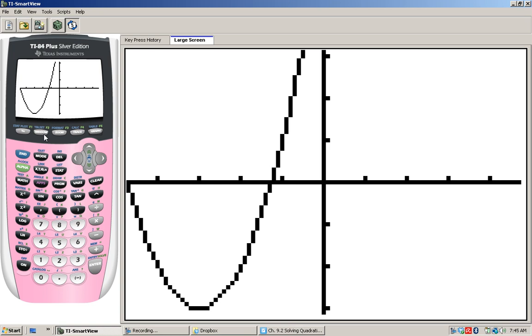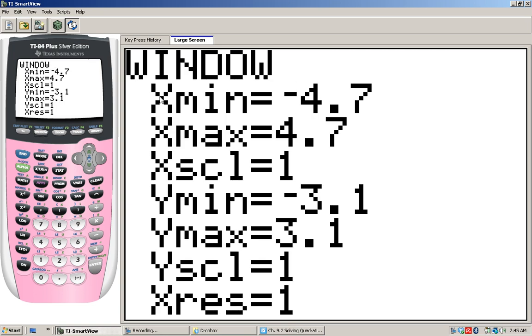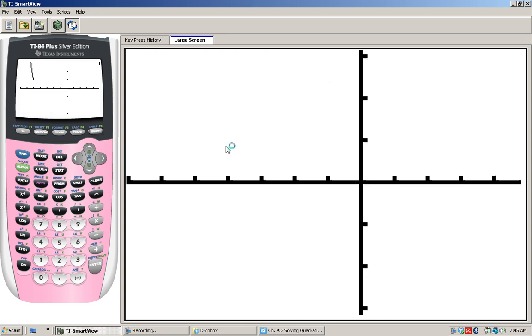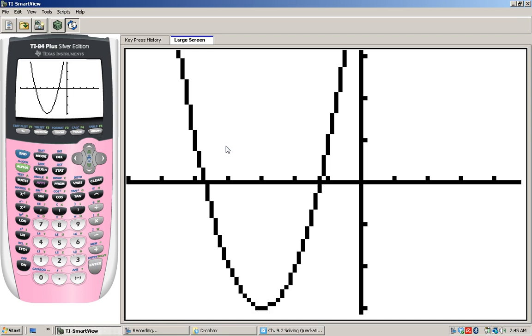I'm going to click Window, and since my graph ends at -4, the x minimum for the window is -4.7. I'm going to change that to a larger negative number, and I'm going to put that at -7, just so I have a better idea of what I'm looking at. By clicking graph, I've shifted the window over so I can see where the other x-intercept is, the other solution, the other zero, the other root.